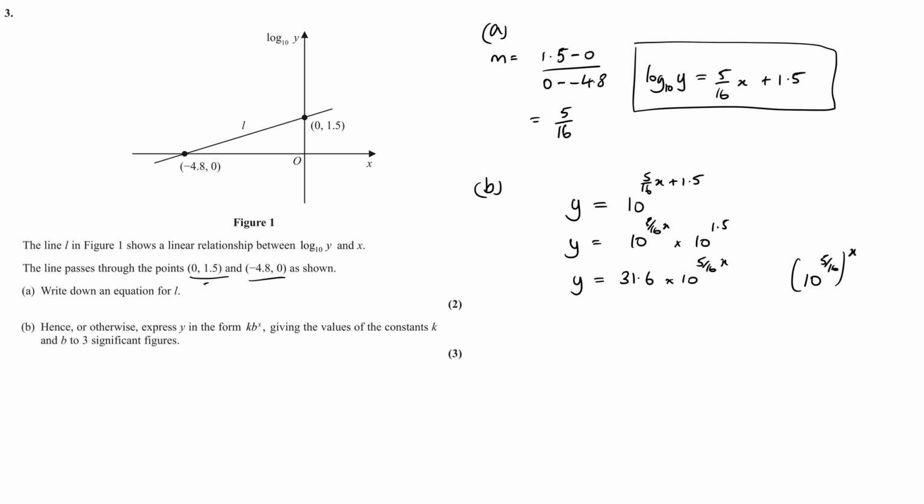So I can use this, so this now would be my value of b. And that means that I've got 31.6 times, and then this is 2 point, and what was it, three significant figures, wasn't it? 2.05 to the power x. So k is 31.6 and b is 2.05. Hopefully that made some sense.